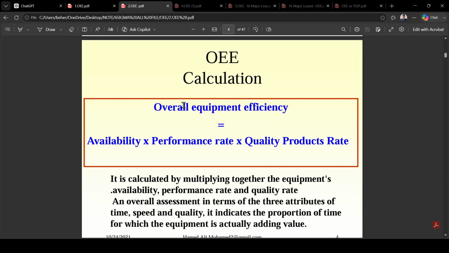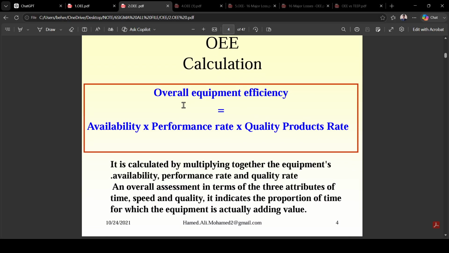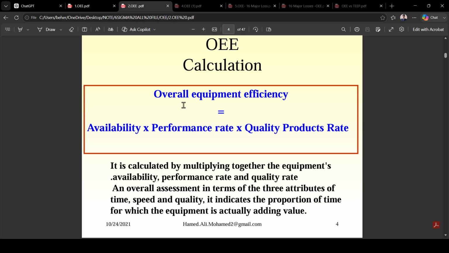Then OEE calculation. OEE equals availability times performance rate times quality products rate. So it is calculated by multiplying together the equipment availability, performance rate, and quality rate. An overall assessment in terms of the three attributes of time, speed, and quality.